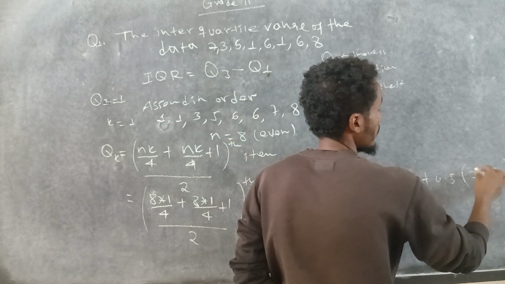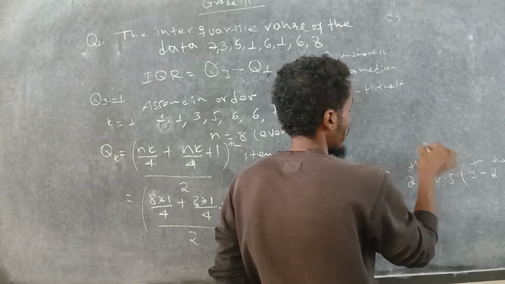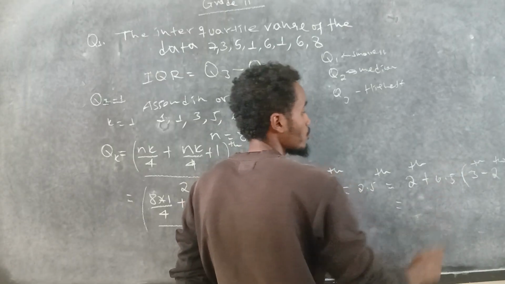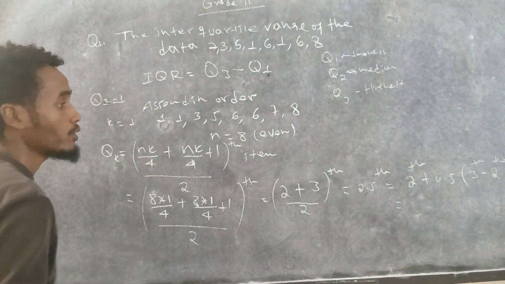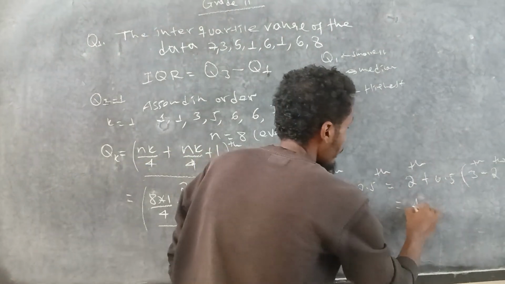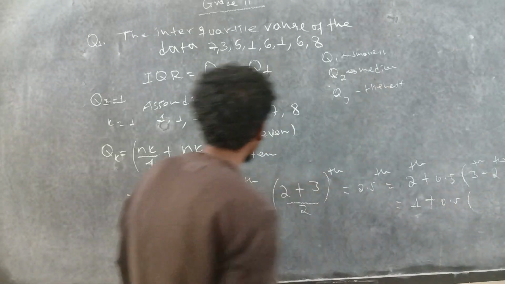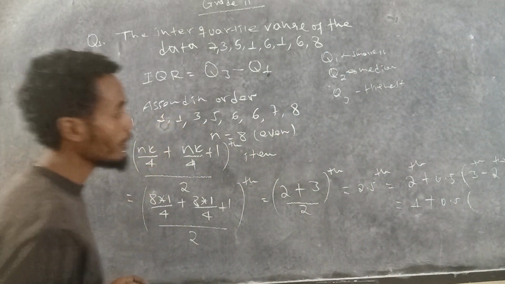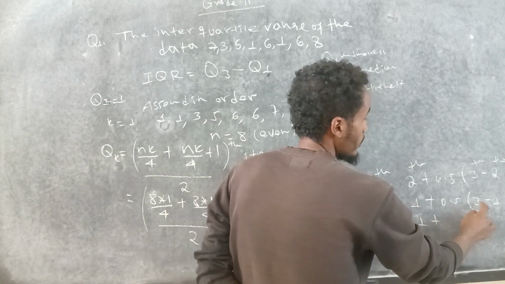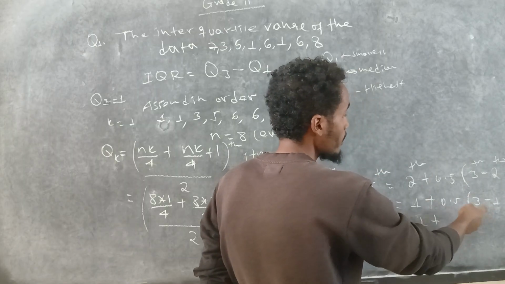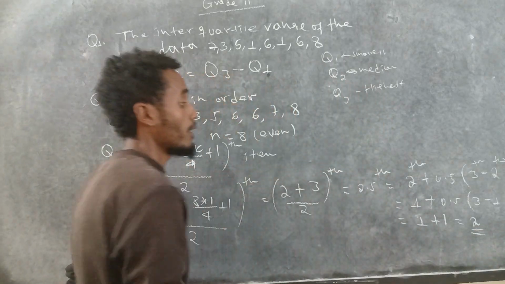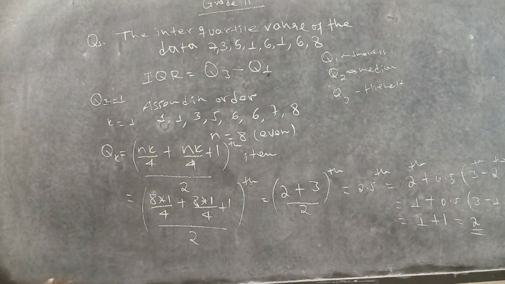So 1 plus 0.5 times (3 minus 1) is 1 plus 1, which is 2. Our quartile 1 is 2. Now we are going to find our quartile 3.